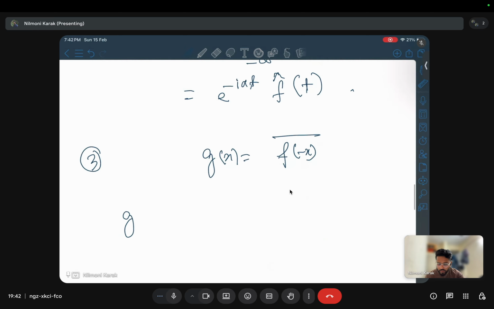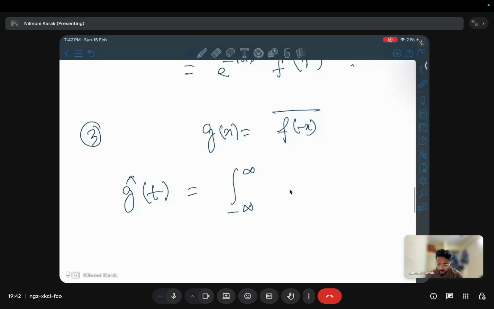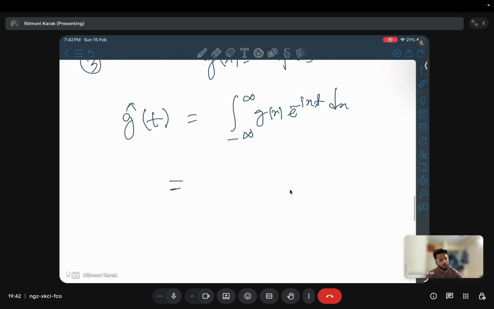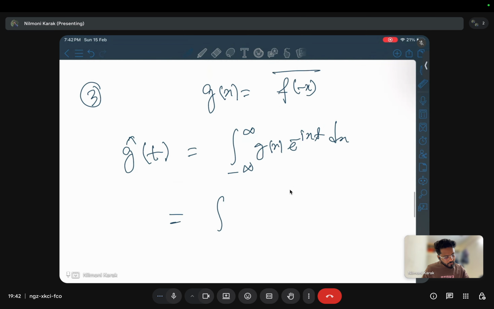So g hat of t equals the integral from minus infinity to infinity of g(x) e to the power minus i x t dx, which is the integral of the conjugate of f(minus x) times e to the power minus i x t dx.